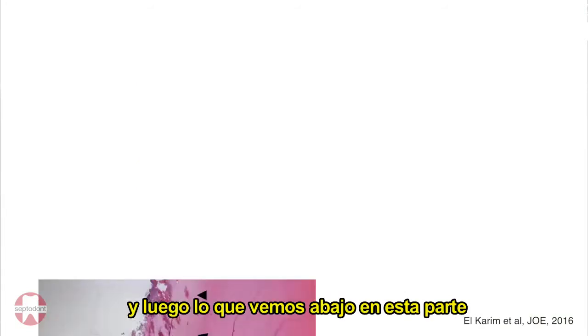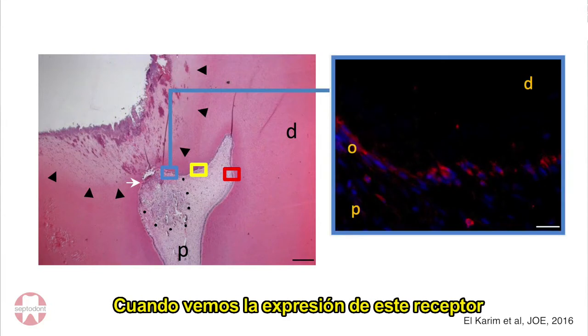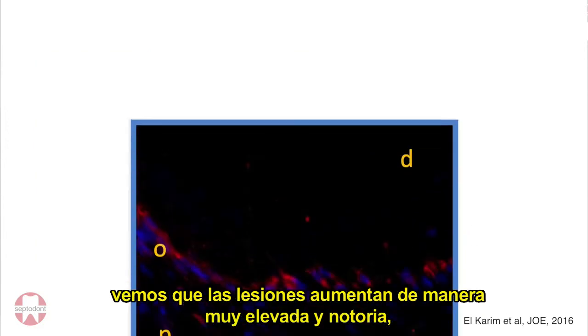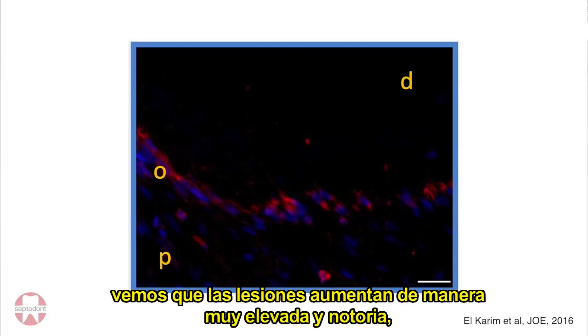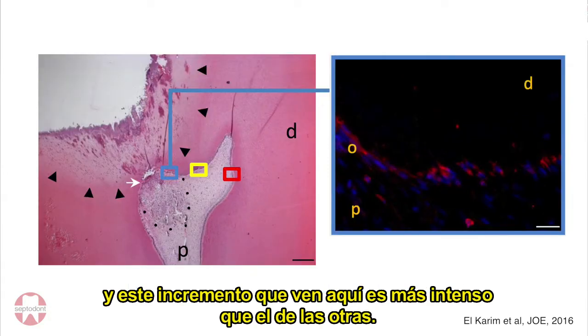When you look down on this part, you will see that this is the same slide with another staining. And when you look at the expression of this receptor, you notice that in carious injuries it increases. The increase is very high, and more intense than in the healthy teeth.